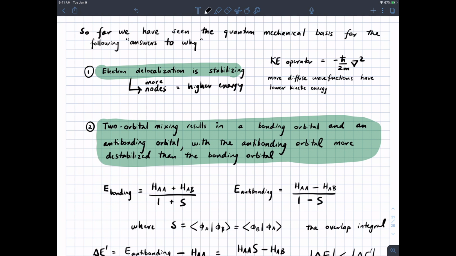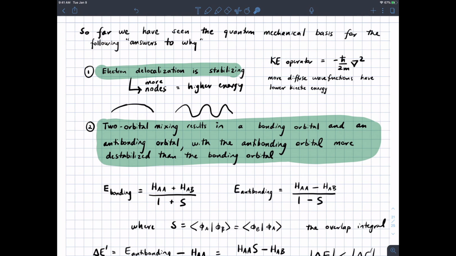So if you were to compare a standing wave like this with a standing wave like this, you would instinctively say, okay, this is the higher energy orbital, and it is, but the reason for that is it takes a big change in slope to cross zero, and it takes a bigger change in slope to cross zero repeatedly. So this wave function is going to have a higher kinetic energy than that one. All right.